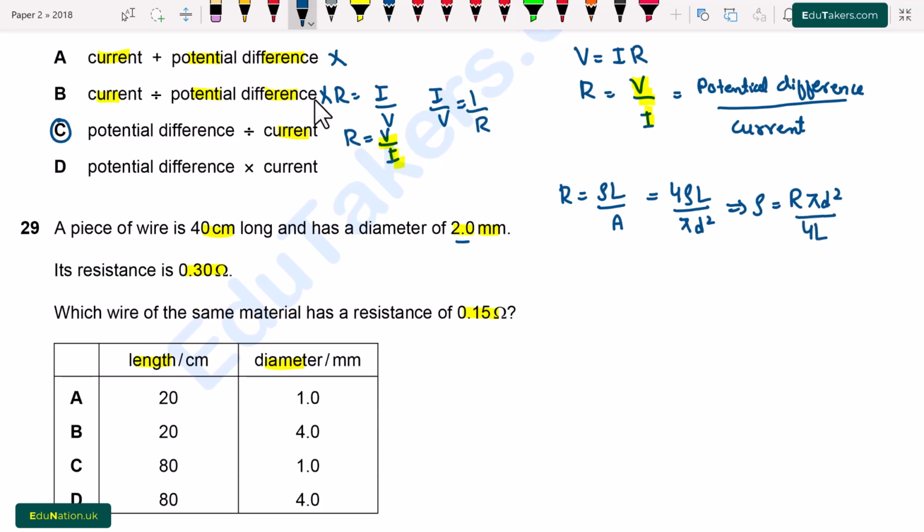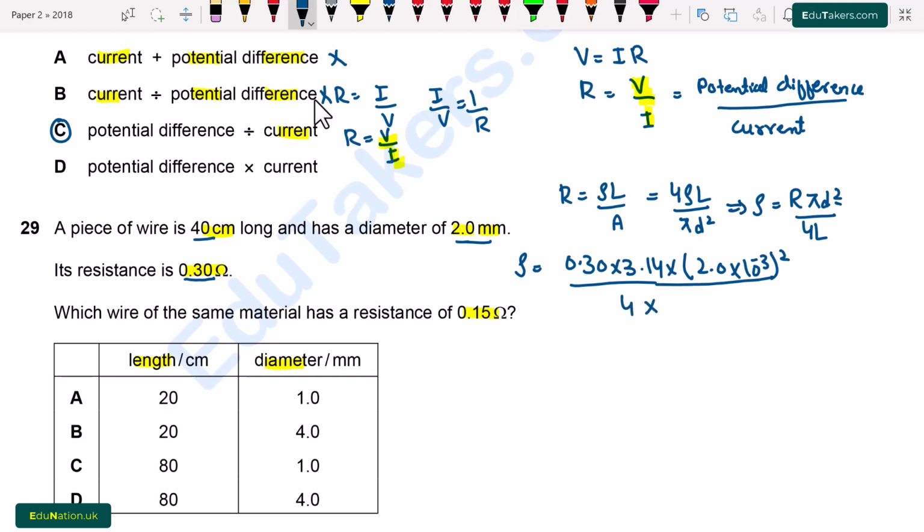I put values here. So resistivity will be equal to resistance, which is given 0.30 ohm, multiplied by 3.14 multiplied by diameter, which is given 2.0 millimeter. So I write here 2.0 into 10 power minus 3 and I take its square, divided by 4 multiplied by length.